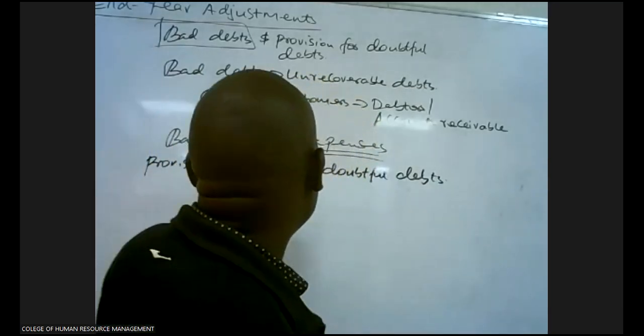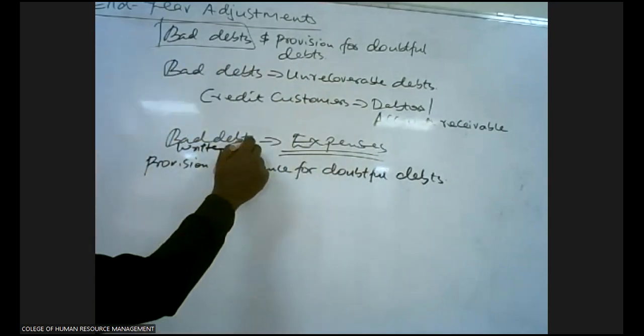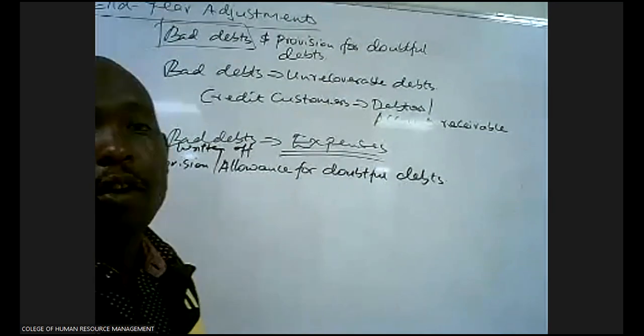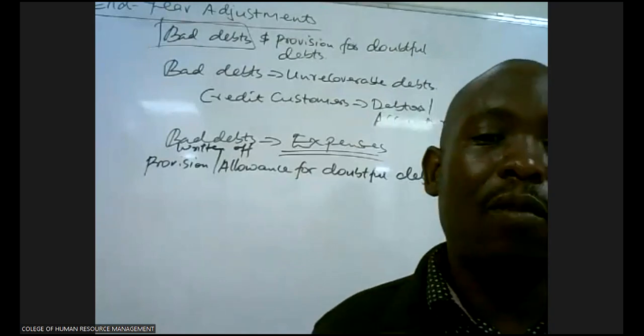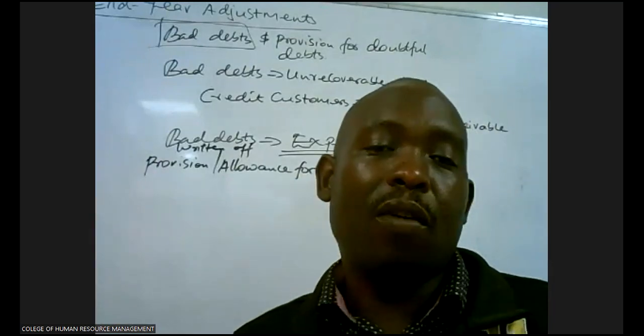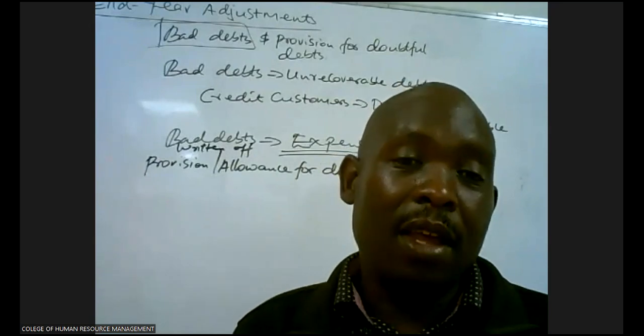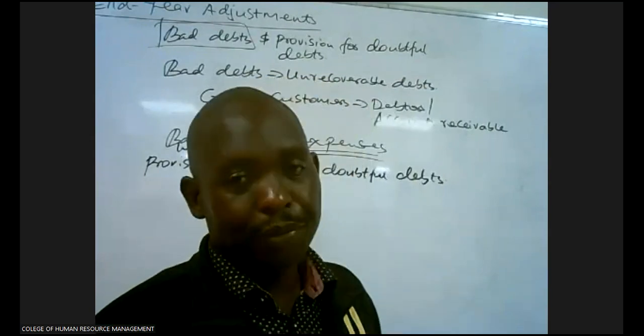Remember, these are bad debts written off. They have already been considered unrecoverable and they have already been removed from the books of accounts. So the debtors amount we normally reduce by the bad debts written off so that we can be able to get the debtors amount that we can receive by the end of the financial year.